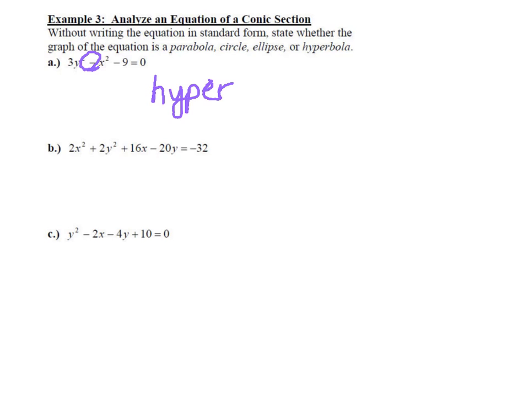And remember, you don't have to put these in standard form. You're just going to determine by looking at your A and your C what's going on here. If you look at, for example, 3b, then you look at your x squared and your y squared. They both have a positive 2 out front.